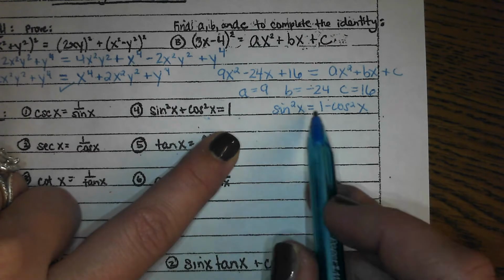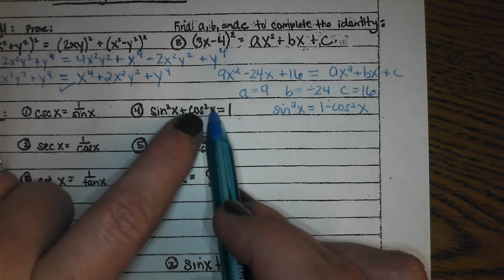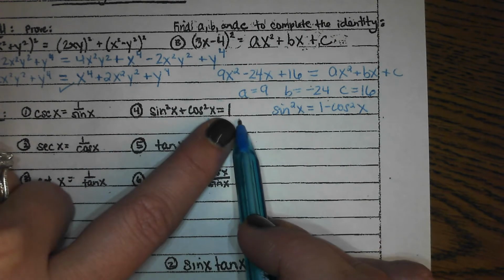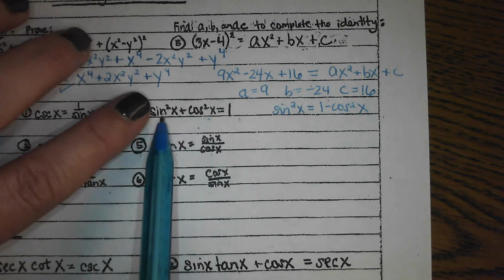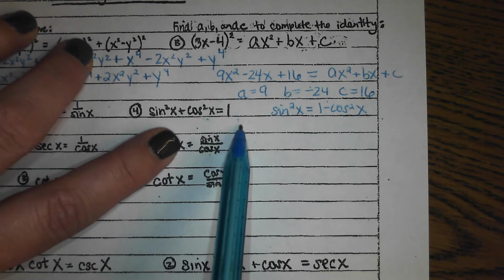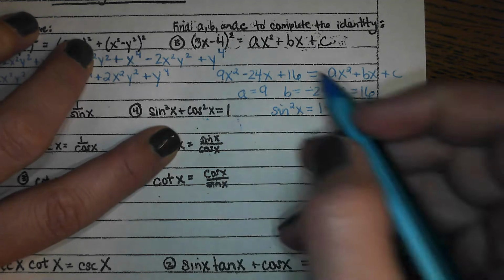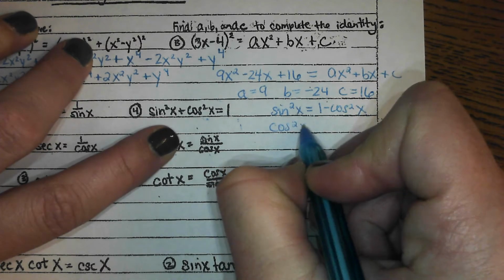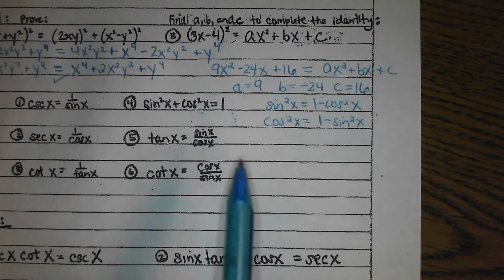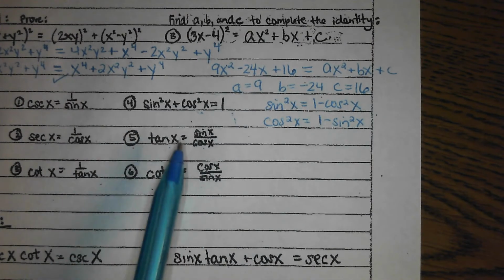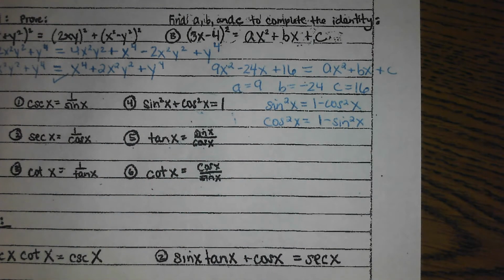It's just a rearrangement of that if I subtracted the cosine squared from both sides. If I started over and I actually subtracted the sine squared from both sides, that would leave me with cosine squared x equals 1 minus sine squared. So you need to be able to rearrange that if necessary. And we may come across some examples where that's necessary.